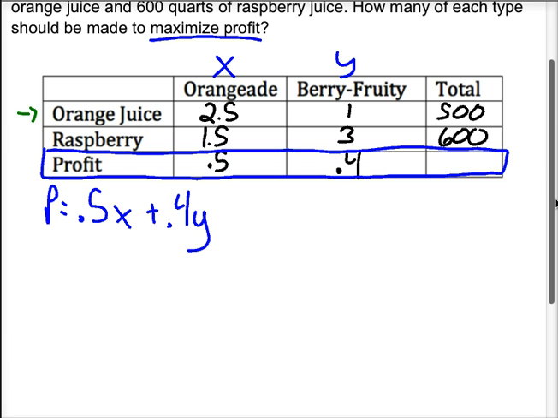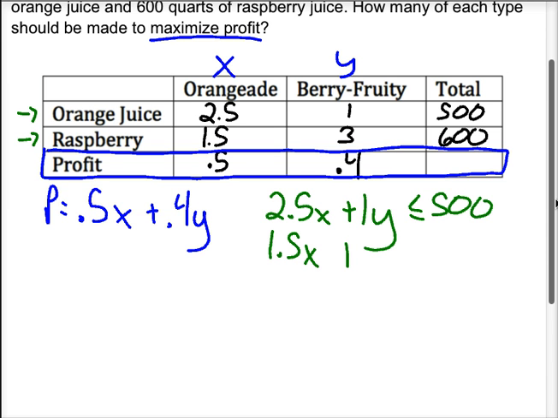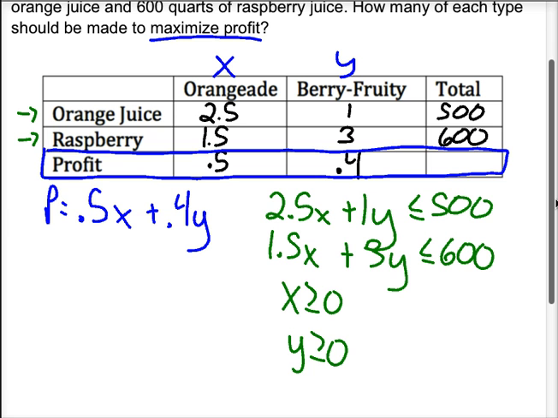So for orange juice, 2.5 for every X, 1 for every Y, we only have up to 500 to use. For raspberries, we need 1.5 for every X, 3 for every Y. We only have up to 600 to use. So those are all the constraints from the table, but then again, don't forget our hidden constraints. Because it's a real-world context, you need everything to be positive.